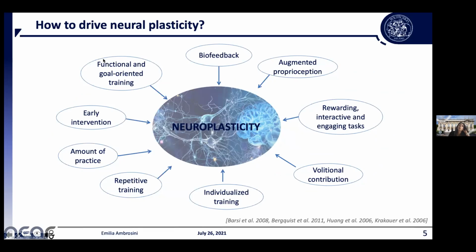So it is important to practice a functional and goal-oriented training. The intervention should be performed as soon as possible, so early intervention. It is important to practice a high amount of training, so high intensity training, repetitive training, so number of repetitions. The training has to be individualized based on the specific characteristics of each patient.